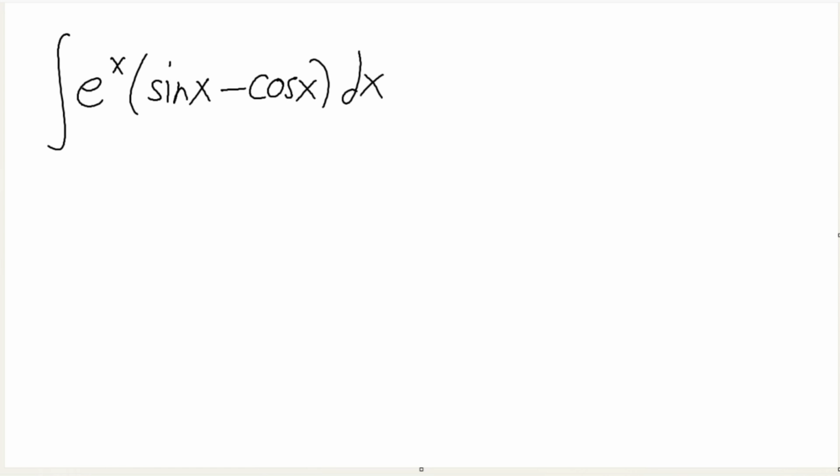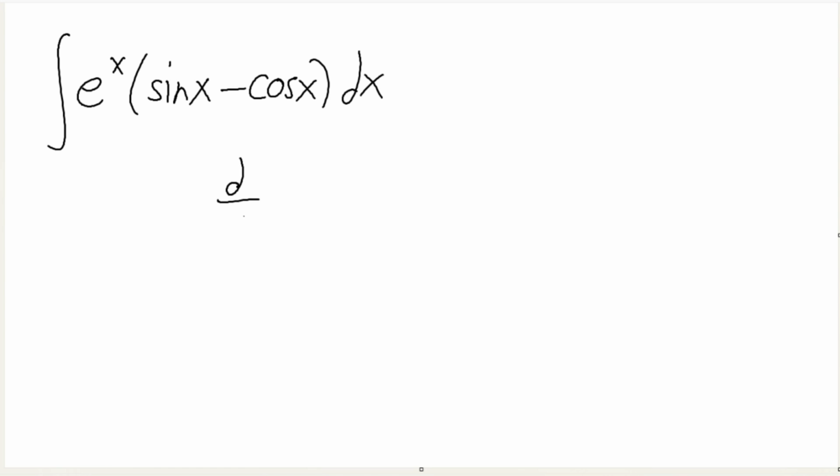A lot of the time in competitive types of integrals, they like to use reverse product rules with e to the x because it looks hidden. Right here it doesn't look like reverse product rule, but it is.